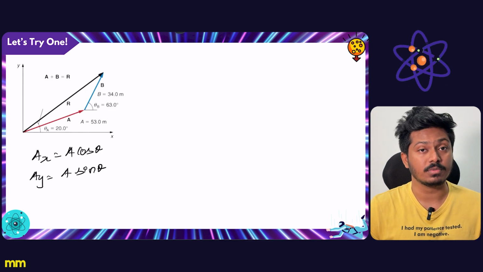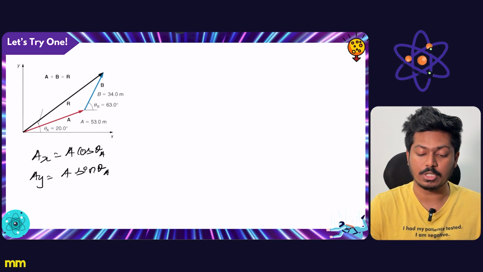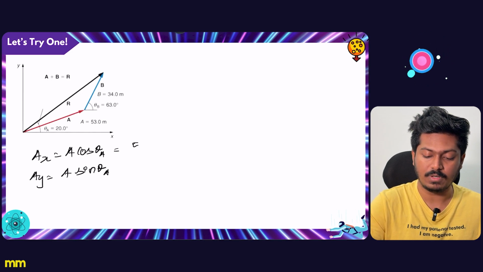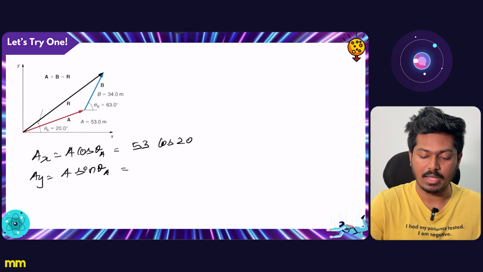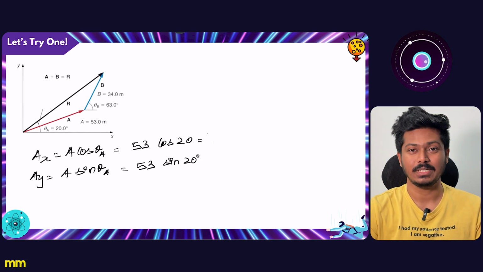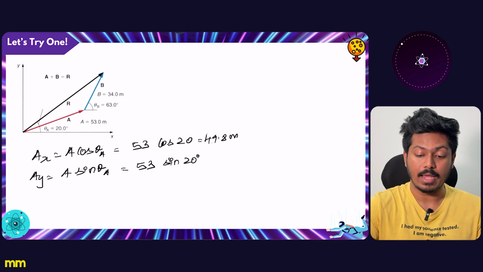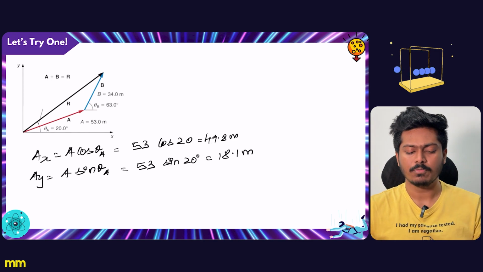And what do we know in terms of theta? It's theta A because it's for the vector A. Theta A is 20 degrees, A is 53. So that would mean that Ax is 53 cos 20 degrees and Ay is 53 sine 20 degrees. So Ax would be 49.8 meters and Ay would be 18.1 meters. Let's do the same thing for the B vector.